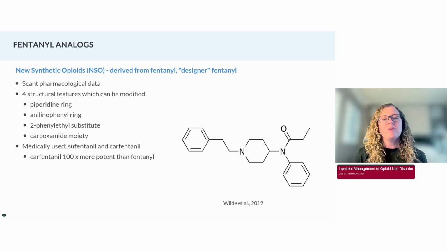So there are 4 structural features of this molecule that are being changed. And when you change any aspect of the molecule, you can change the potency and the kinetics dramatically. For instance, we have carfentanil, which is about 100 times more potent than fentanyl. And some of these new synthetic opioids derived from fentanyl, we worry are not even being picked up by our drug screens.